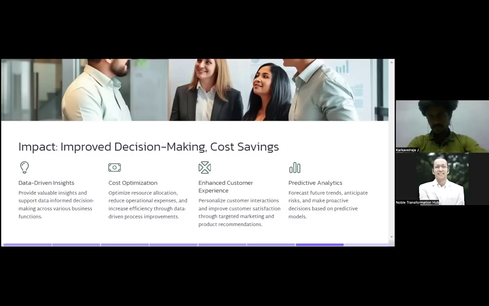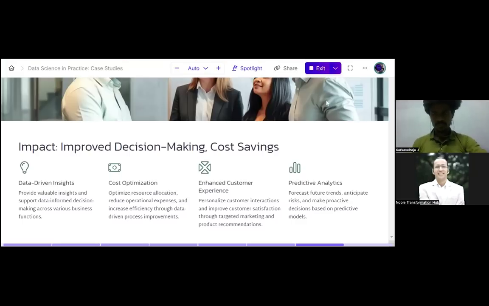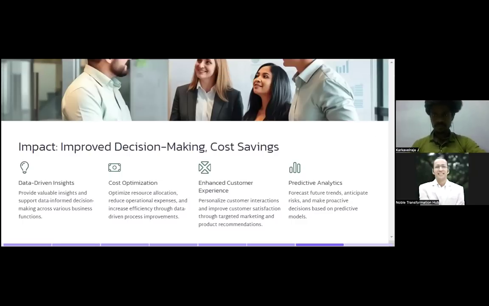So through targeted marketing and product recommendation, you can do customer satisfaction through responses and solving their real time issues, and also targeted marketing, where you select a specific market target, and product recommendation.